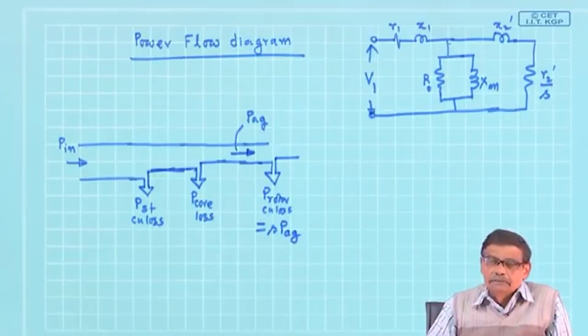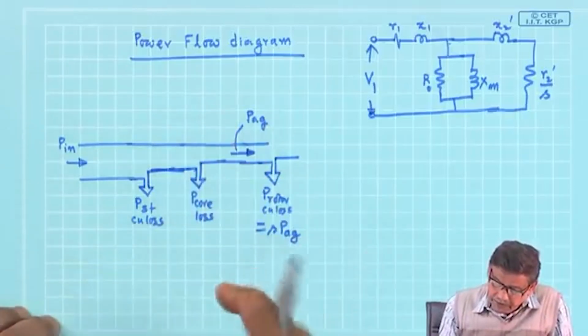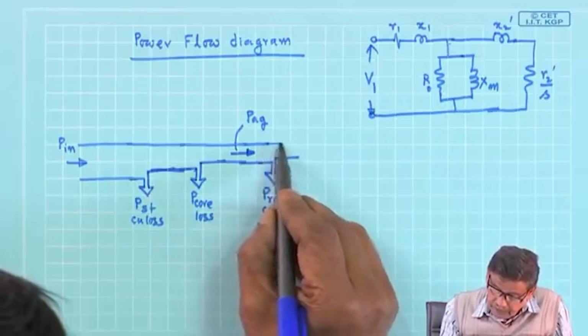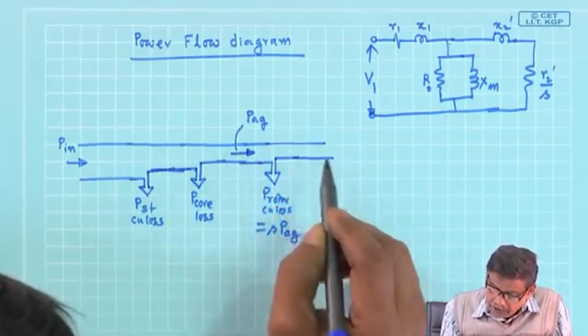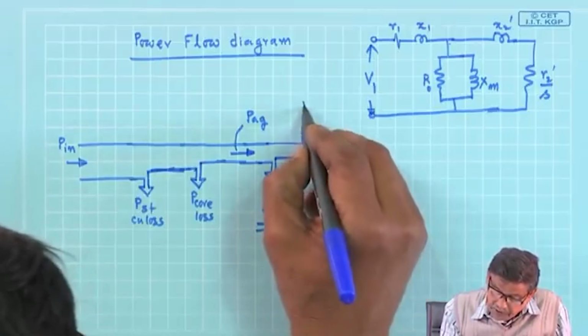That is all. S into PAG will be the rotor copper loss. Then whatever power you get should be called P gross mechanical.